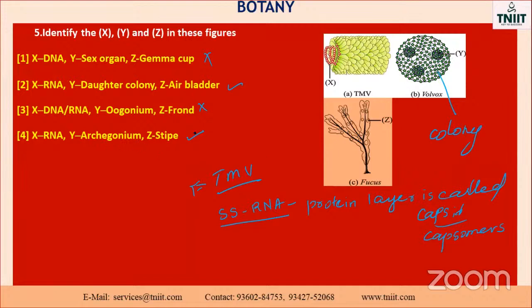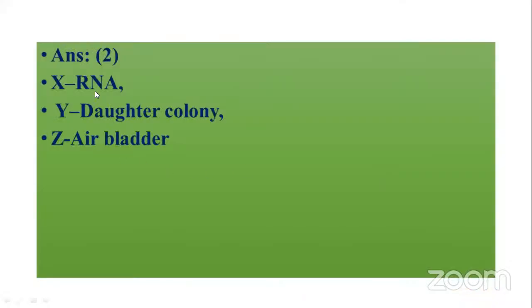It will not come here. So the answer is single stranded RNA, daughter colonies, and air bladder. These are called air bladder present in the Ficus. So the answer is 2 only correct. You have to choose it like that only. Just think and answer.